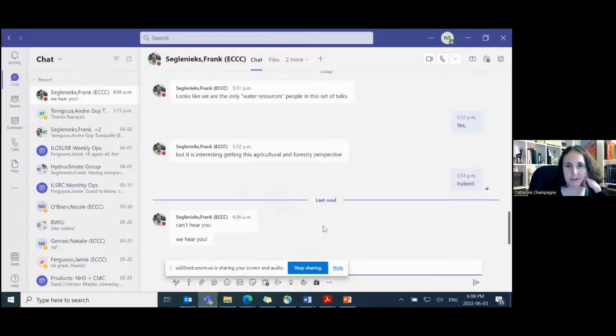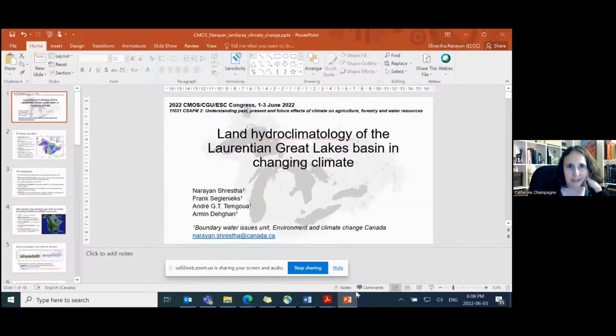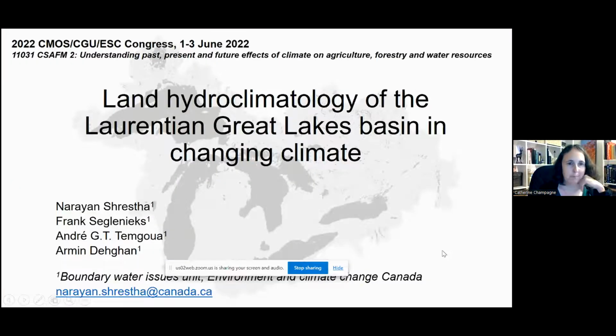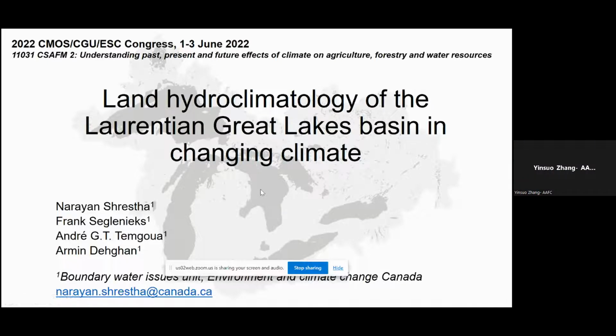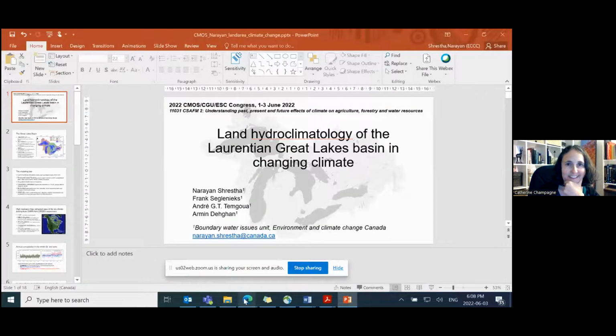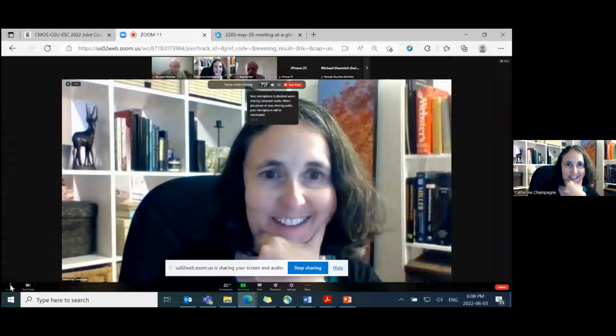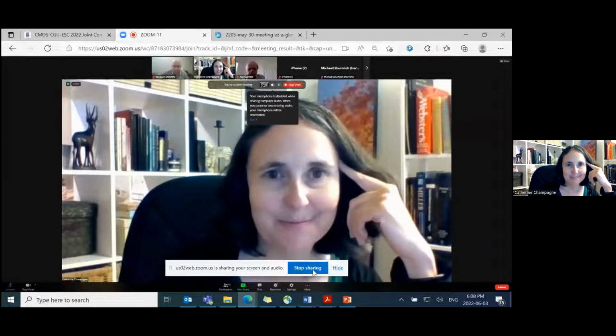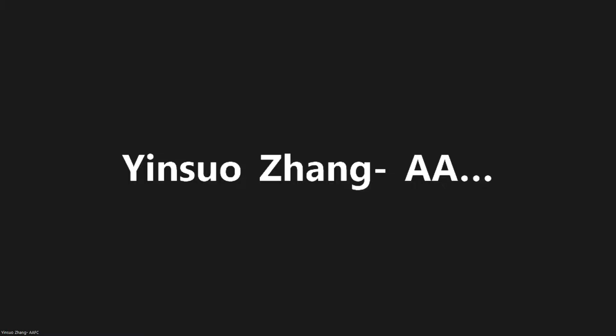As soon as I share my screen, it just mutes automatically, and I don't have the control.